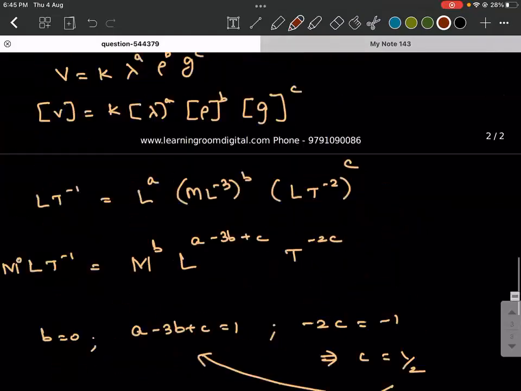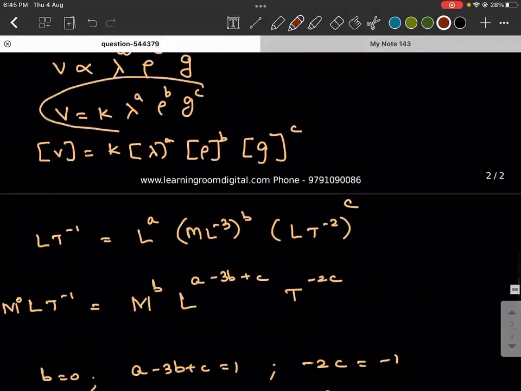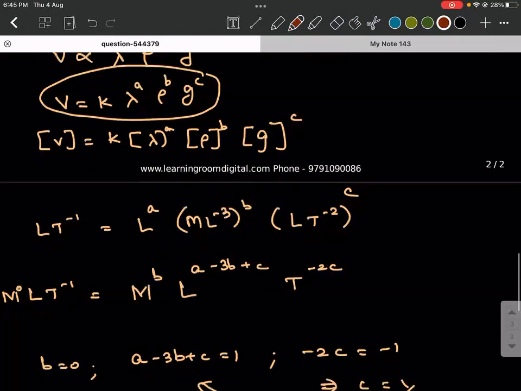Where should you substitute this value? You will substitute it in this step. So what will V be?